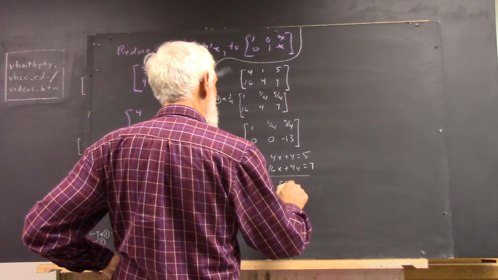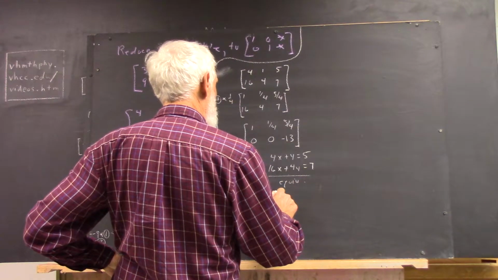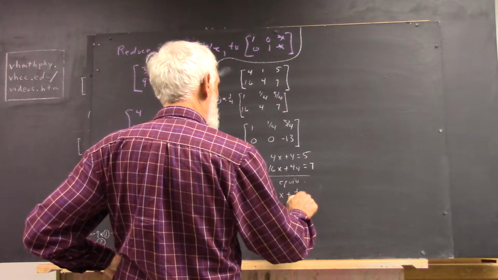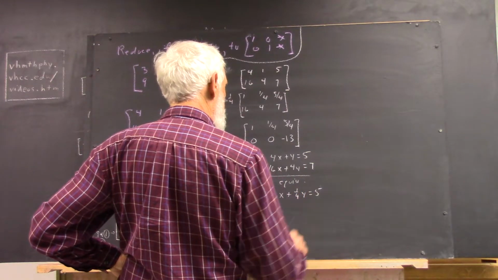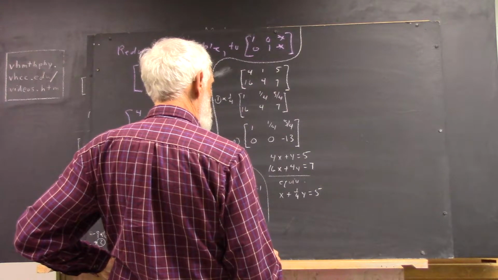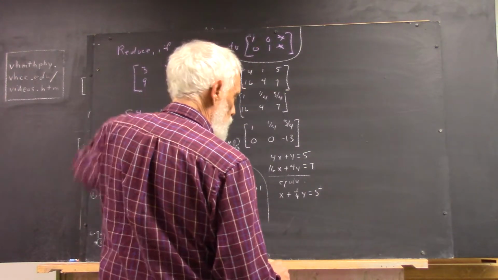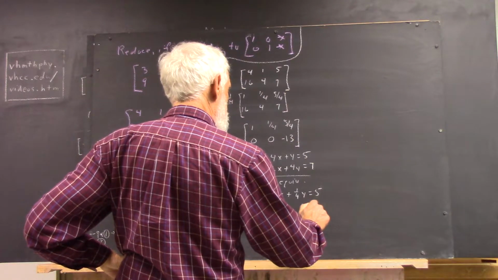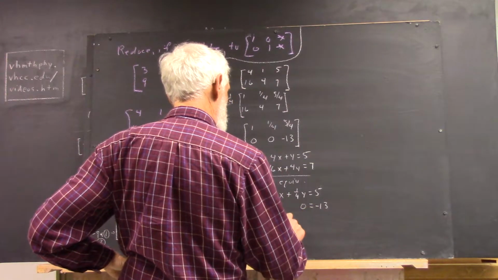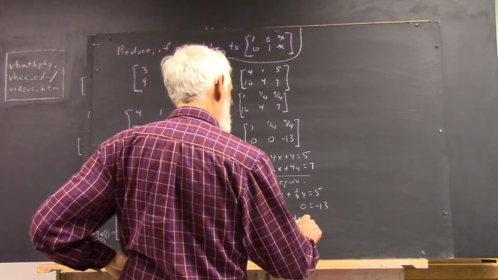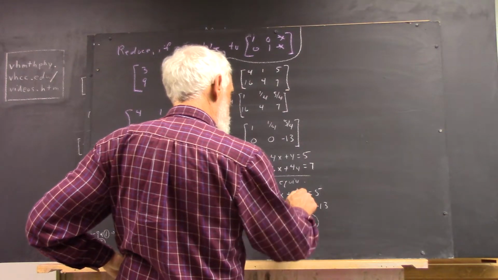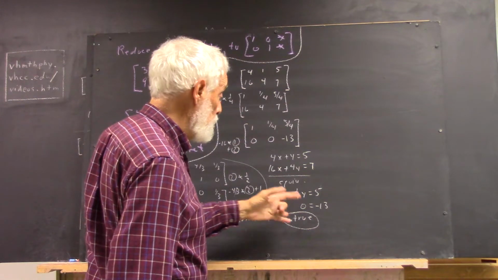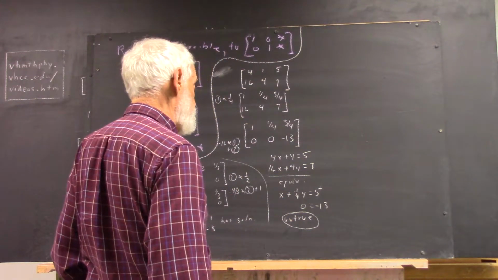This is equivalent to x plus 1/4 y equals 5/4. You know, I said that I did the slope in the wrong direction when I did that, but we'll correct it. And 0 equals negative 13. These two equations, since this one is untrue, are simply untrue.